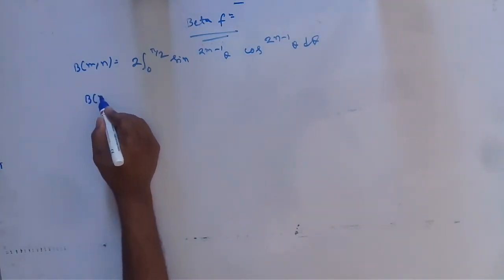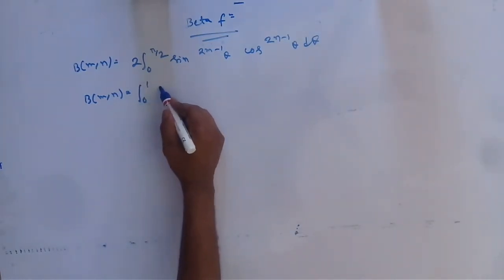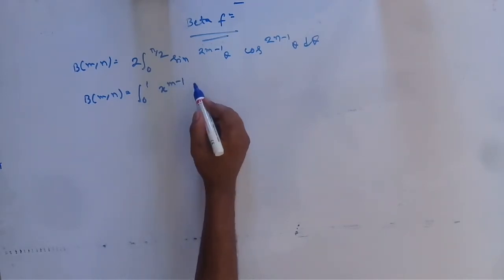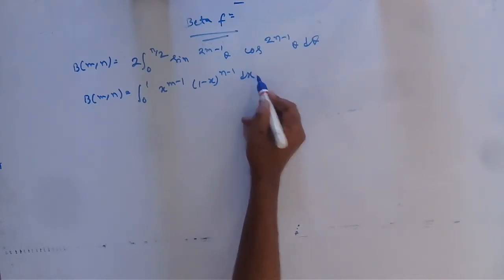And from the definition of beta function, we get beta m,n equal to integration 0 to 1 x to the power m minus 1 into 1 minus x whole to the power n minus 1 dx.